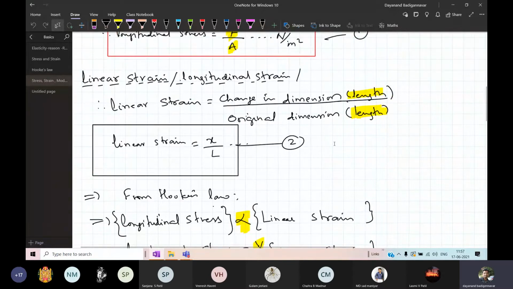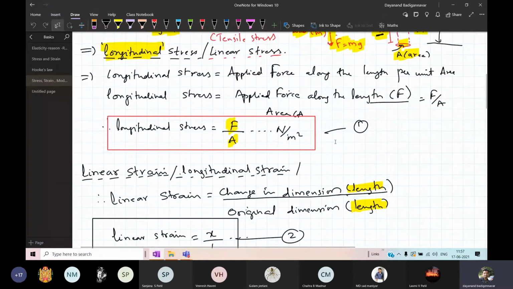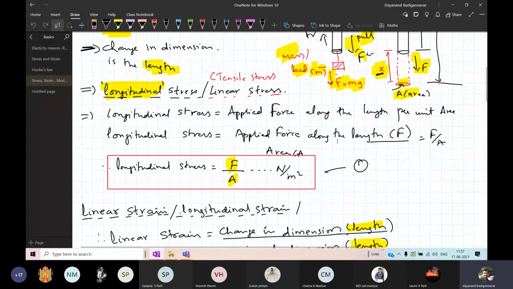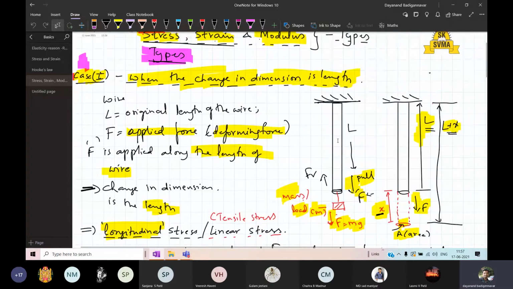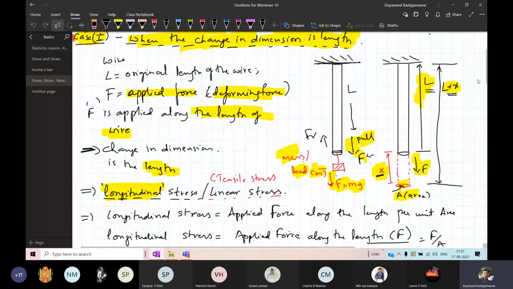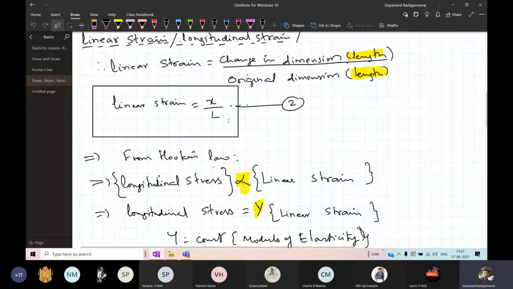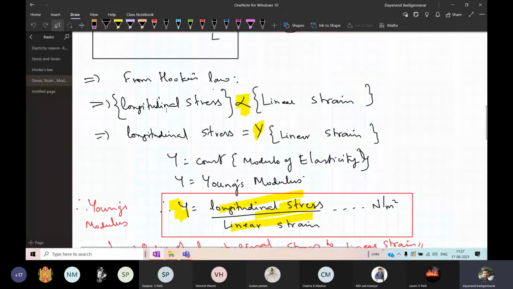Therefore, if I take this diagram, the change in length is x, original length is L. Therefore, linear strain is x by L. So if I arrange for Hooke's law, longitudinal stress is proportional to linear strain, and Y is the constant that we have introduced. So Y is called Young's modulus.